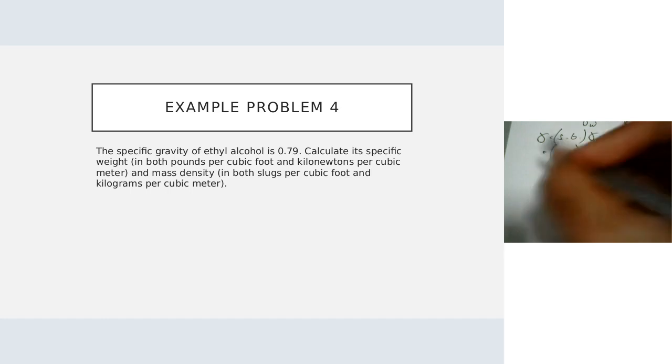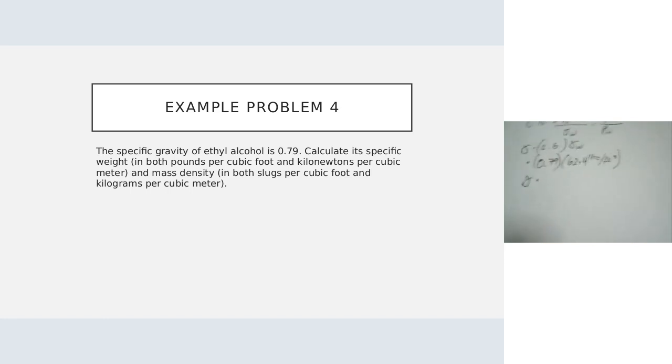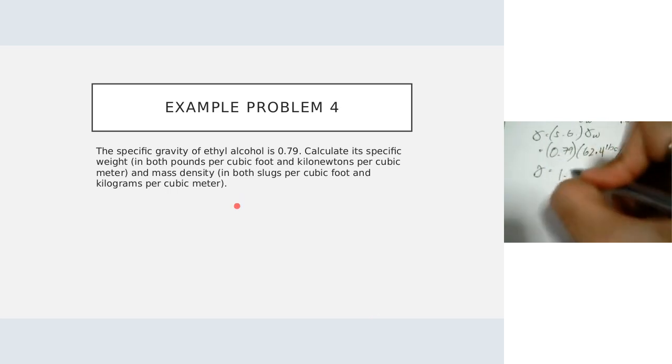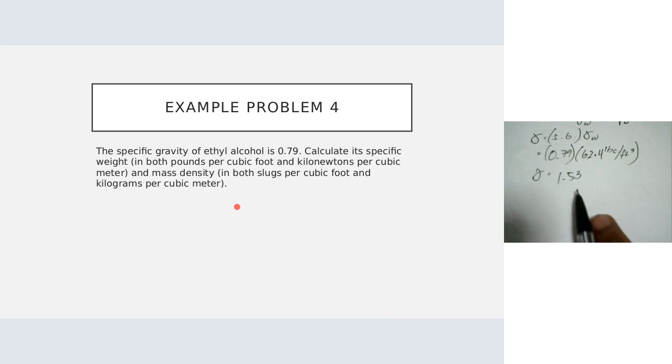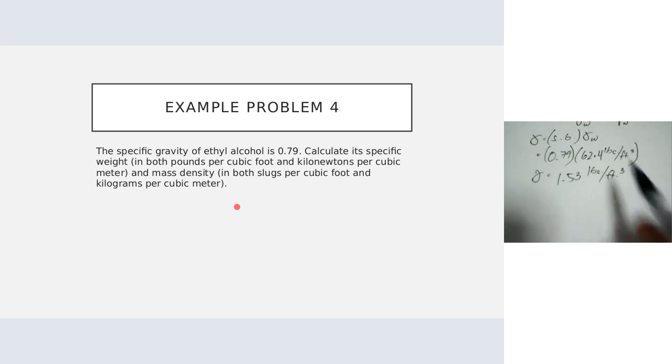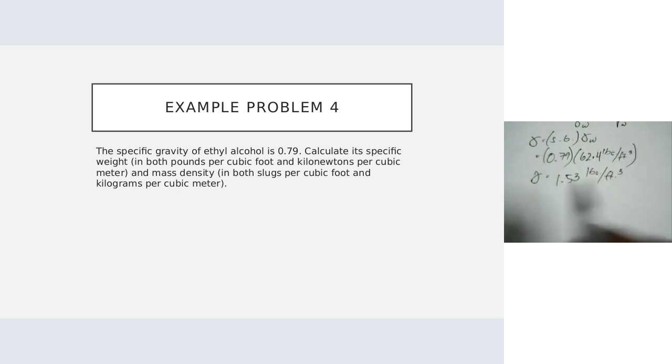So 0.79 times 62.4. Can you help me solve this one? What's the answer po? Okay. 1.53. Thank you, Treb. This is pounds per feet cube. Tama ba? 0.79 times 62.4. Parang maliit.